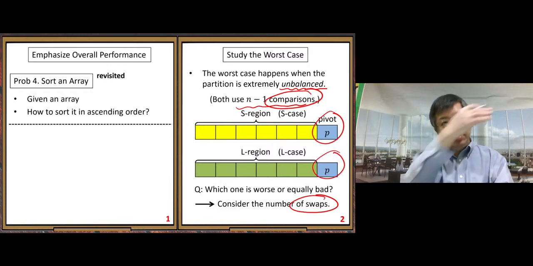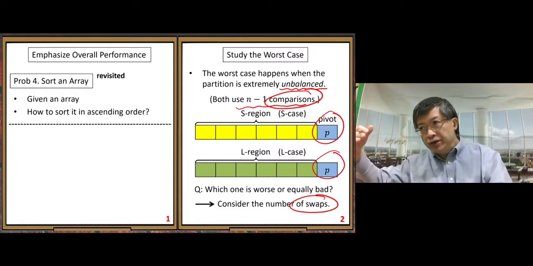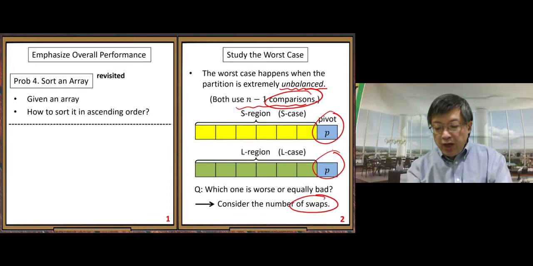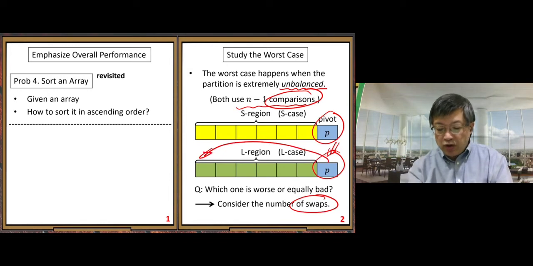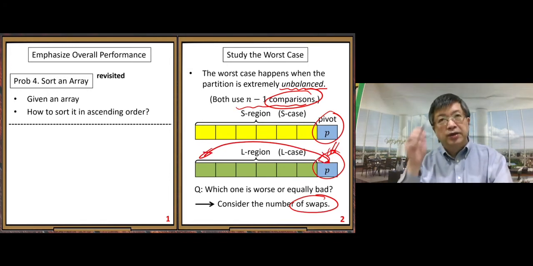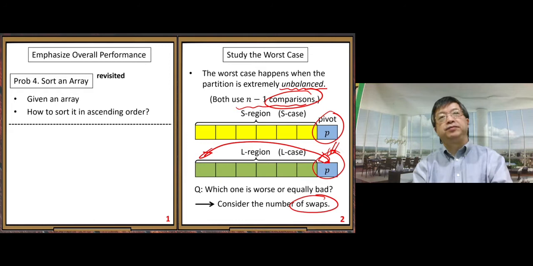So after you finish n-1 comparisons, this P is not in place, so you need another swap operation to make it in place.